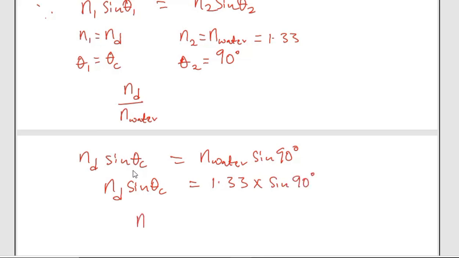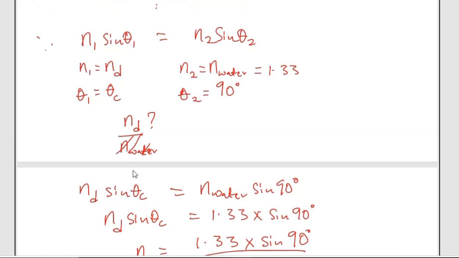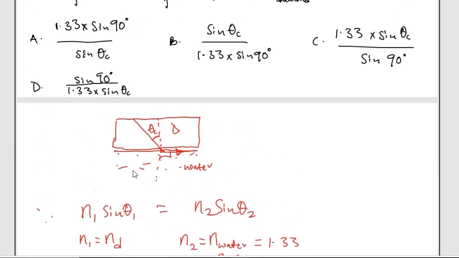So therefore ND is equal to 1.33 times sine 90 degrees all over sine theta C. Take note, what we are looking for is your ND, the refractive index of diamond. So let's see what our option here will be: 1.33 sine 90 all over sine theta C. So this is our answer.